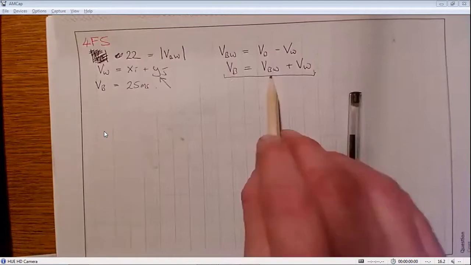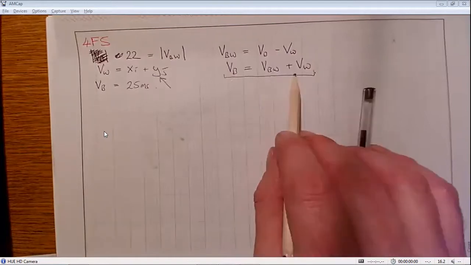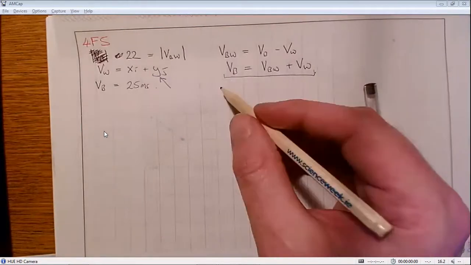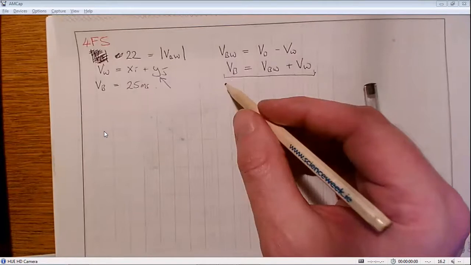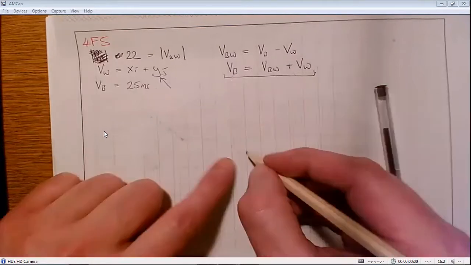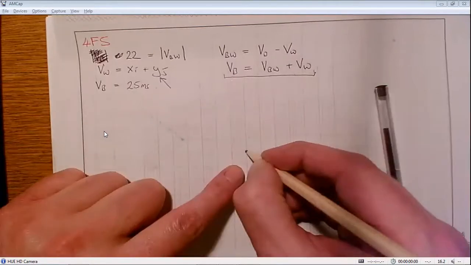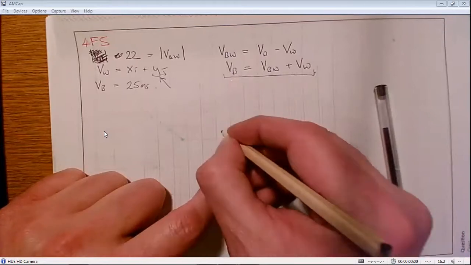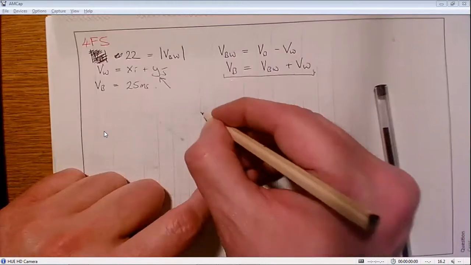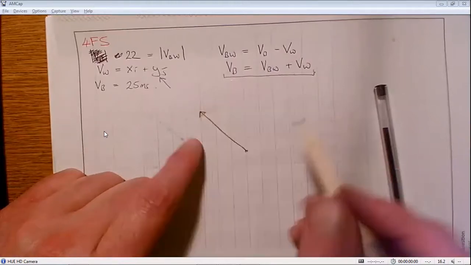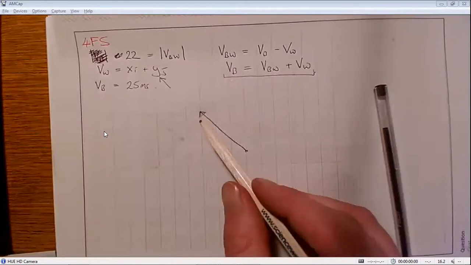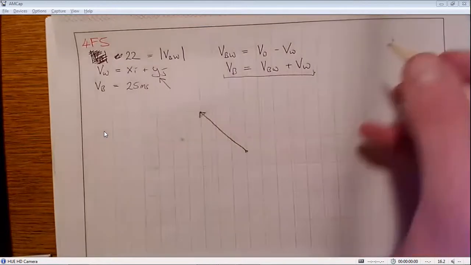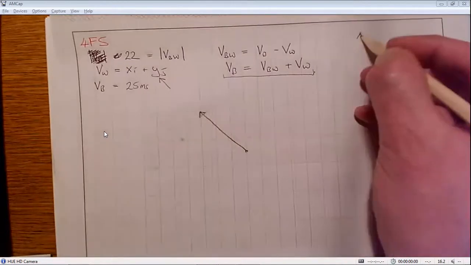This is the velocity of the bird relative to the wind, and this is the velocity of the wind. The velocity of the bird is going 25 meters per second in a northwesterly fashion. That's that vector, and that's done. The wind we said was blowing from the east. So again, I'm back to drawing my compass points.